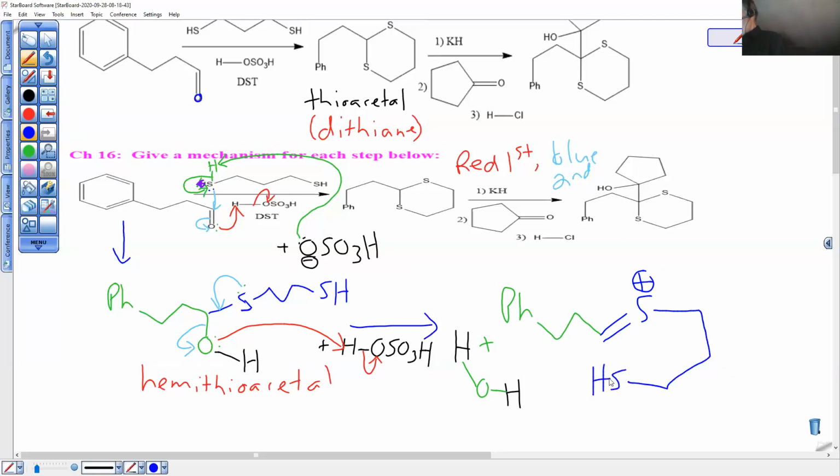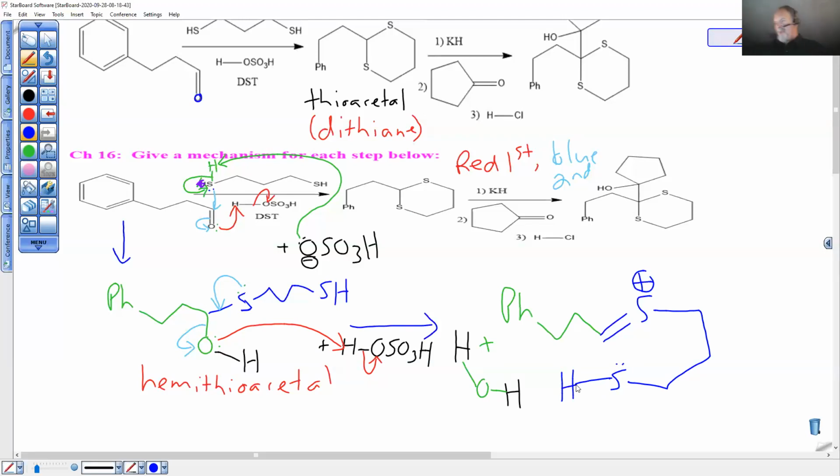But I do want to emphasize that sulfur in this conformation, with the sigma bonds rotated around, is ready to attack. It's right there. It's going to be intramolecular. It's going to be fast. And if I'm smart about things, I'm going to show the sigma bond between H and S, which needs to be removed in a second step.